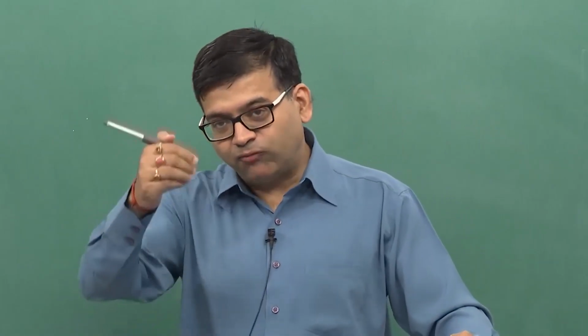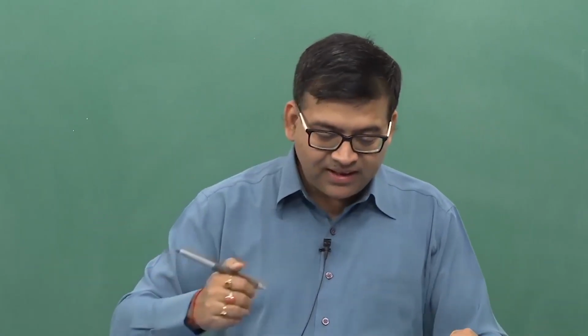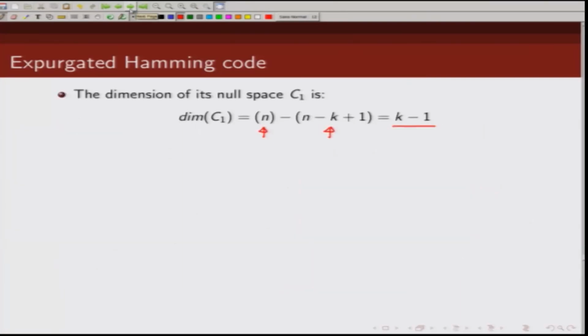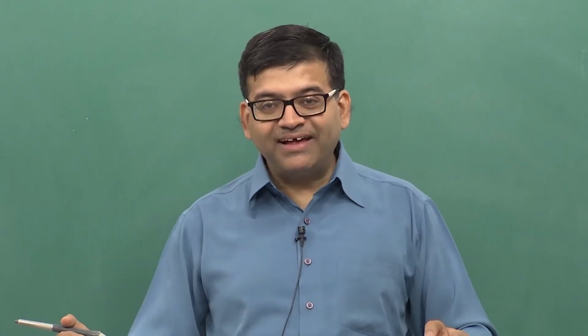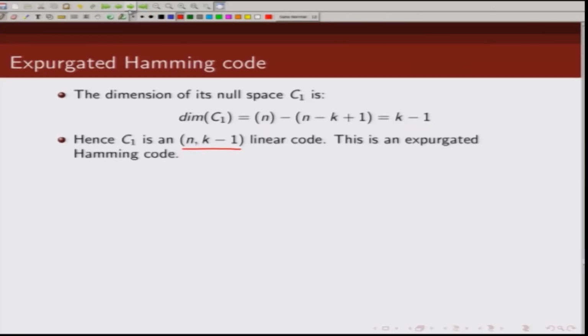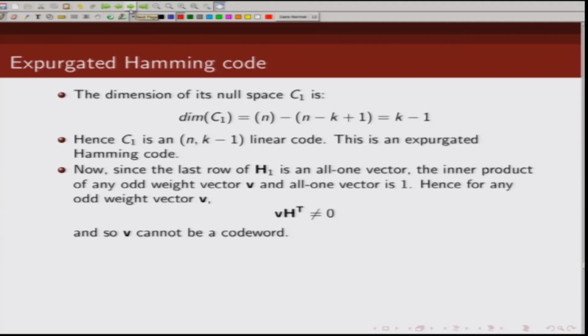Vn minus 1, then what you will get is some of these components of this code word, they should add up to 0, and this will happen only when V has even weight. So, this new code that we generated, the expurgated code, has all even weight code words.